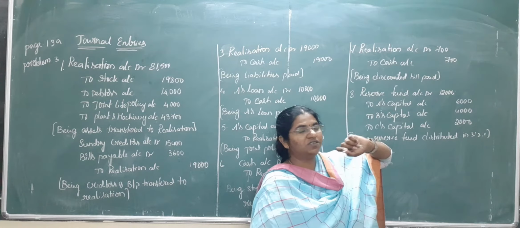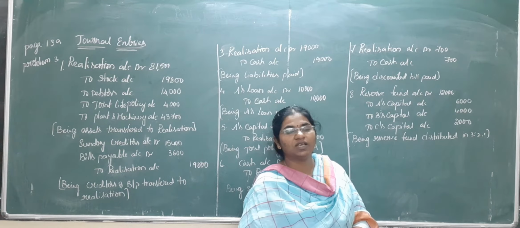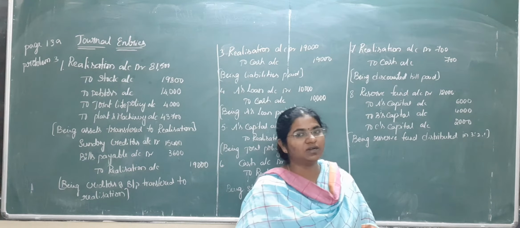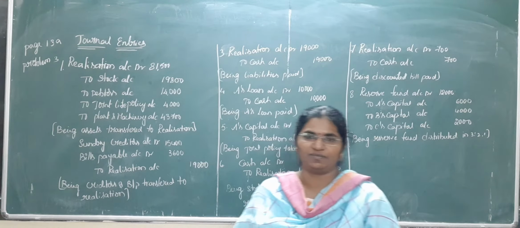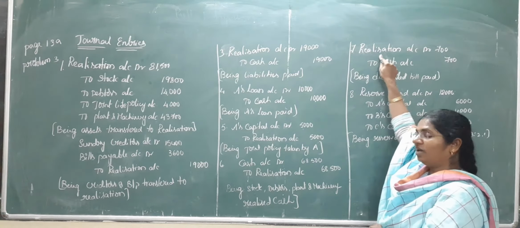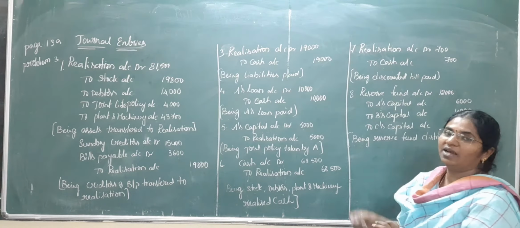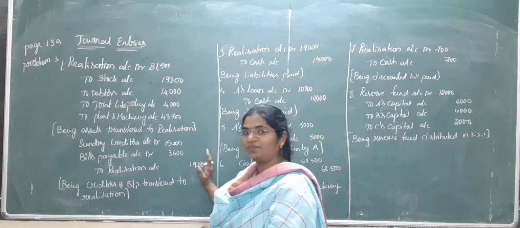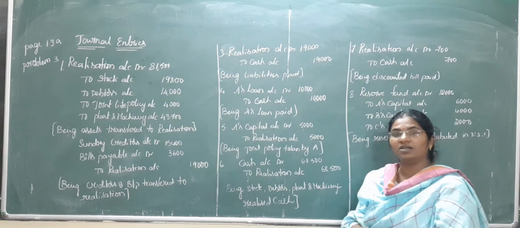So the journal entry for this is realization account debit to cash account 700, being discounted and dishonored bill paid by firm. If you want to write the entire narration, you can. So whatever discounted bill is there, it is paid by the firm. For that, we have written a journal entry as realization account debit to cash account. This is given in the balance sheet, this journal entry and this. And from the third journal entry to the seventh journal entry, all these are adjustments.